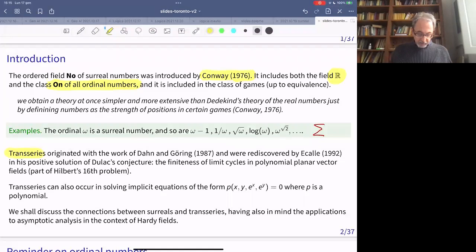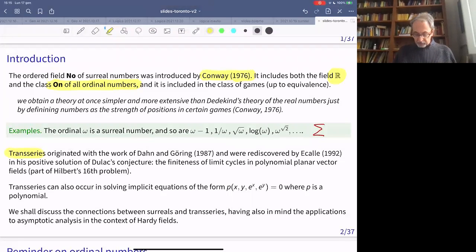Okay, so Transseries are useful because they are in some sense a universal framework for solving certain kinds of differential equations of non-oscillating behavior. Everything related to the surreal numbers has a non-oscillatory behavior.